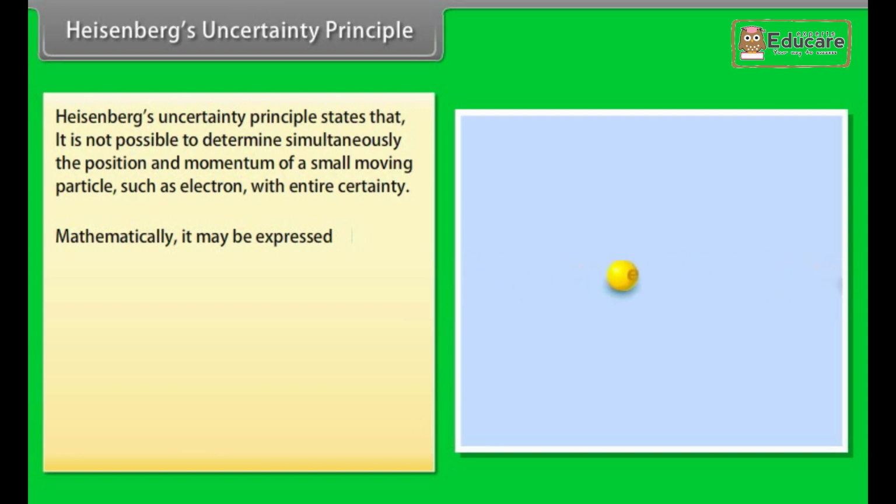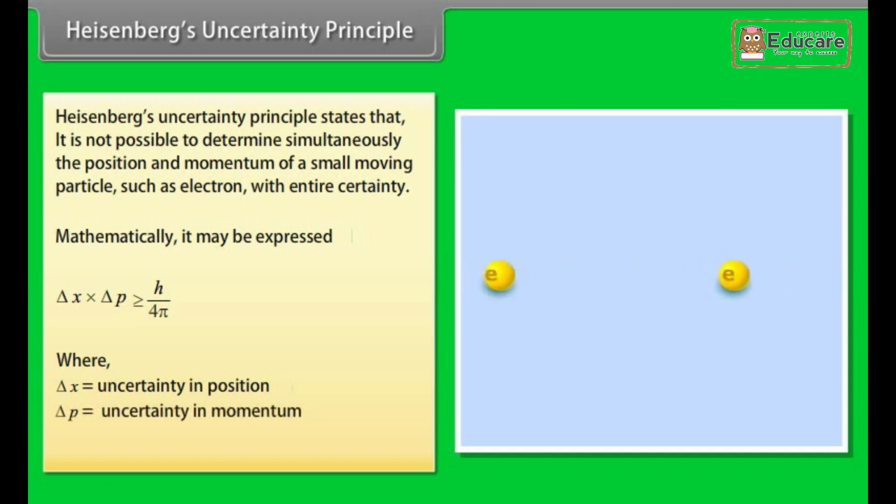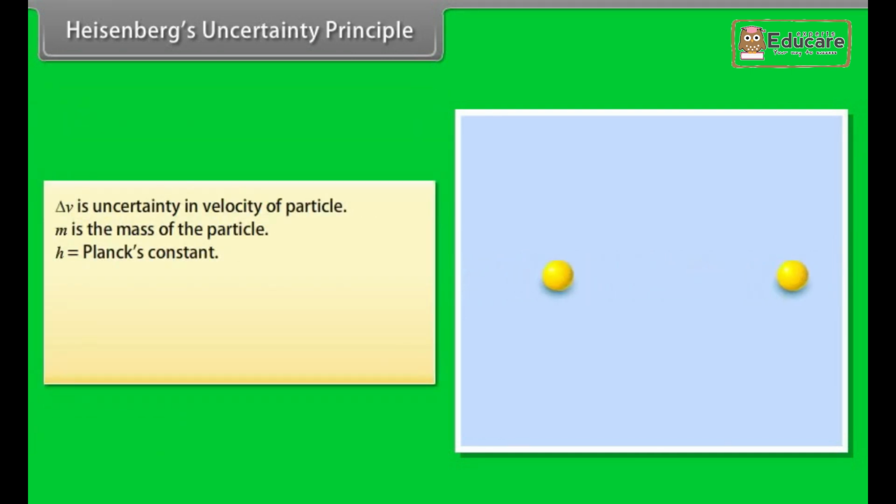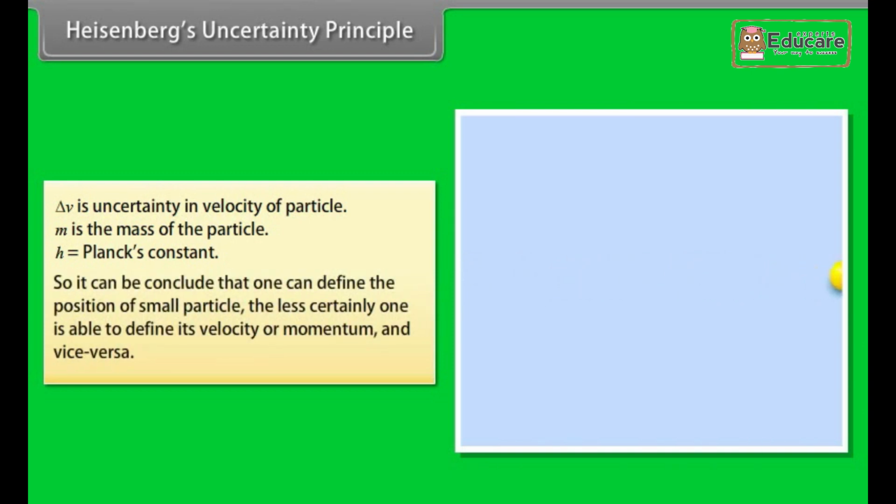Mathematically, it may be expressed as delta x into delta p greater than or equal to h by 4 pi, where delta x is the uncertainty in position, delta p is the uncertainty in momentum, equal to m delta v, delta v is the uncertainty in velocity of the particle, m is the mass of the particle, and h is Planck's constant. So, it can be concluded that the more certainly one defines the position of a small particle, the less certainly one is able to define its velocity or momentum, and vice versa.